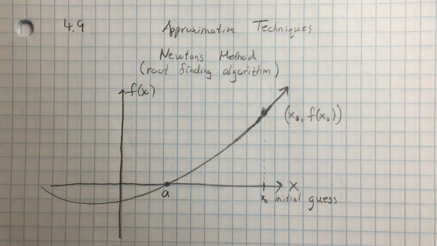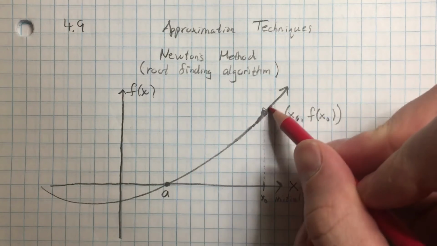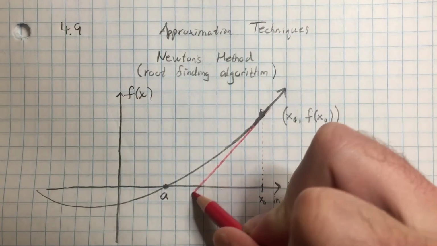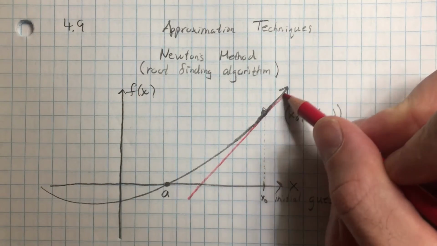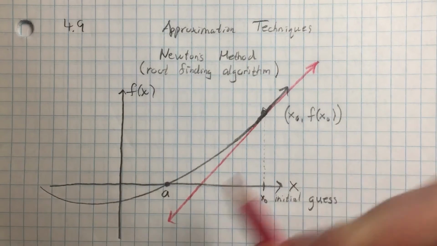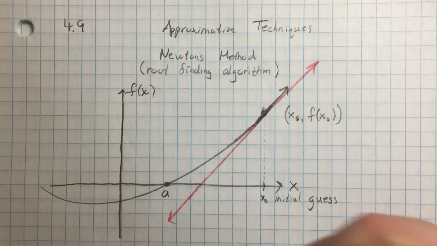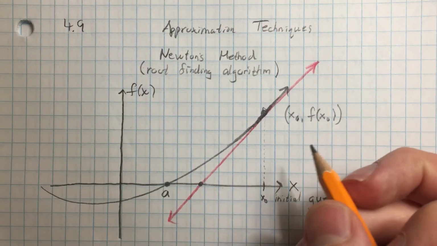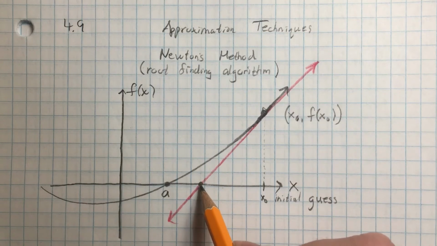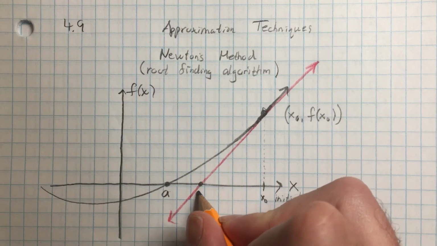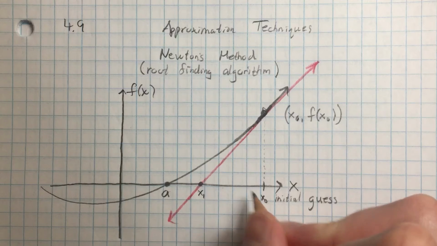And then to look at the tangent line there, and then see where that tangent line intersects the x-axis. It will be closer, right? This is closer to a than the initial guess was. Okay? And we're going to call this x1. It's the next x down.